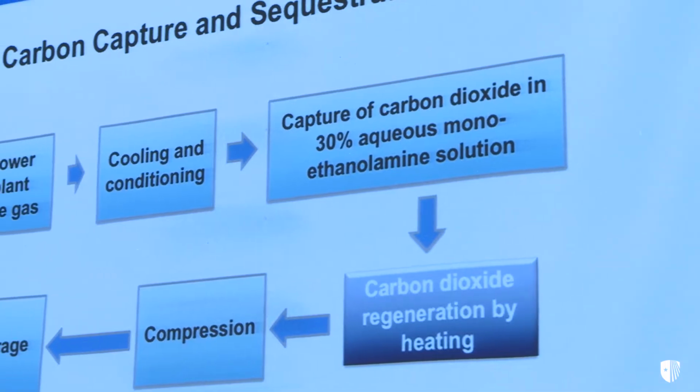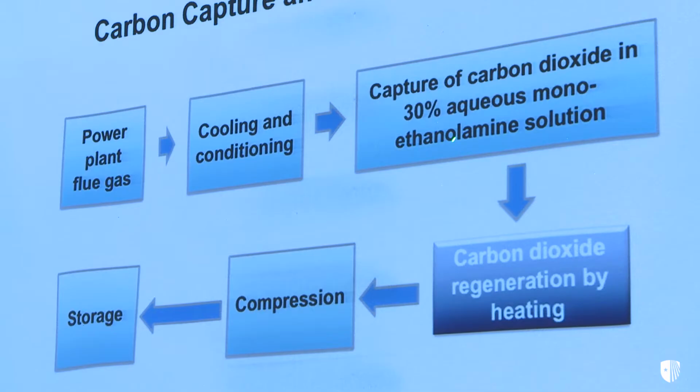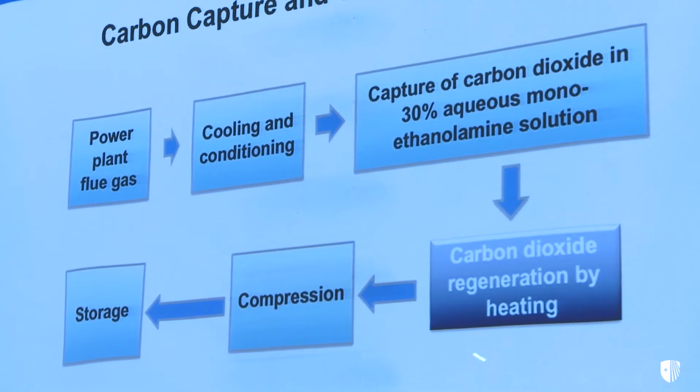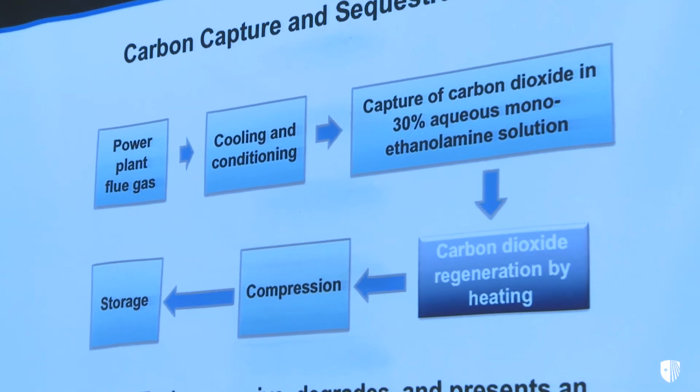So aqueous solutions of this toxic, corrosive liquid. And then after you have captured the CO2 to make carbamates, you heat to 120 degrees to remove the carbon dioxide, compress, and store it under the ground. Okay, all of this is pretty ugly stuff.